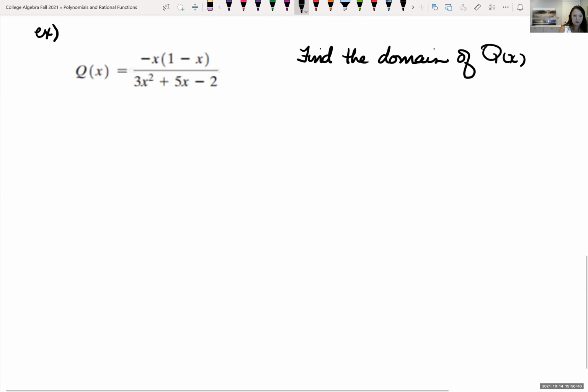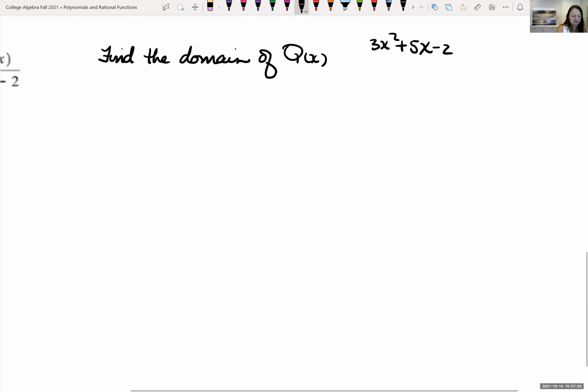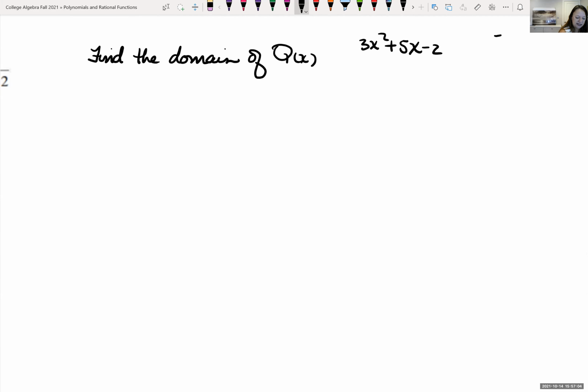Okay, so we want to go ahead and factor our denominator. And so I'm going to actually do that on the side. So let's look at 3x squared plus 5x minus 2. So I notice my coefficient in front of x squared is not 1. So I'm going to try that AC method and see if I can factor it that way. 3 times -2, that's -6.